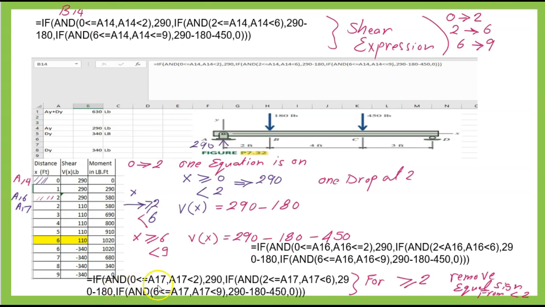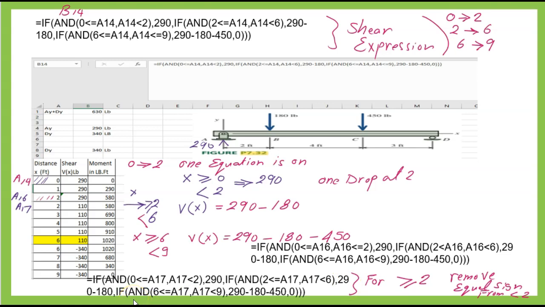While in the second term we use bigger than or equal to, we use cell A17 in the statement as follows. If and A17 equals 0, comma A17 less than 2, we close, comma 290. The second statement, if and A17 bigger than or equal to 2, comma A17 less than 6, we close the bracket, comma 290 minus 180.